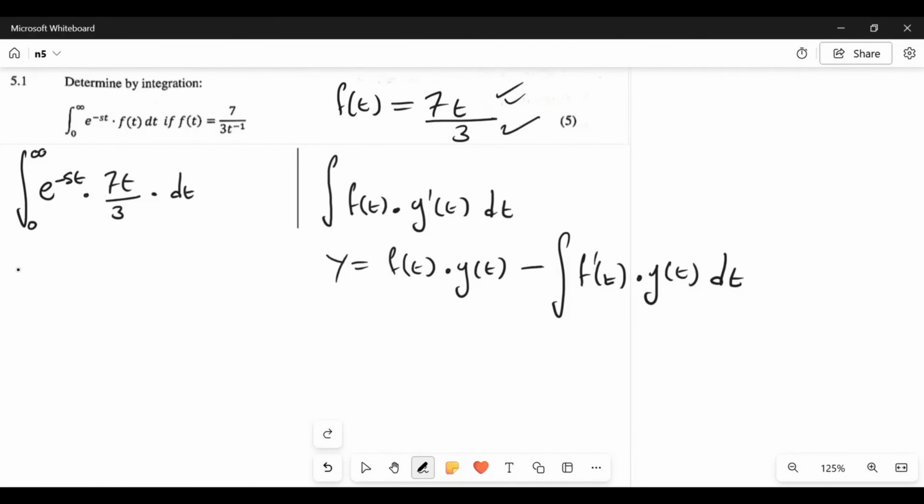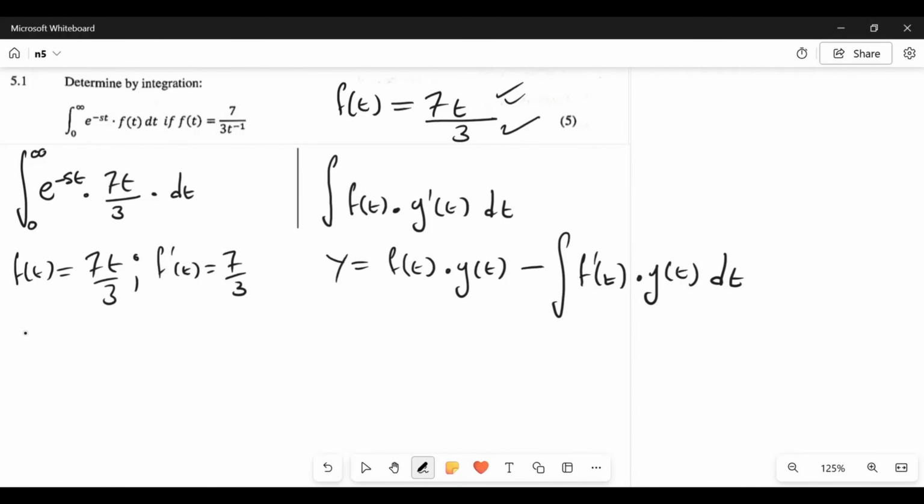The best thing that you can do there, let's first name them. We have f of t, which is actually 7t over 3. When you differentiate this, this is going to be f of t prime, which is going to be 7 over 3.